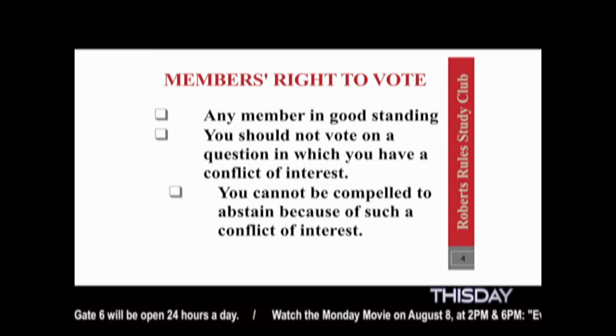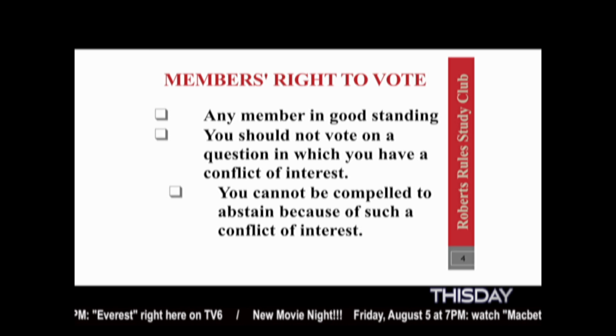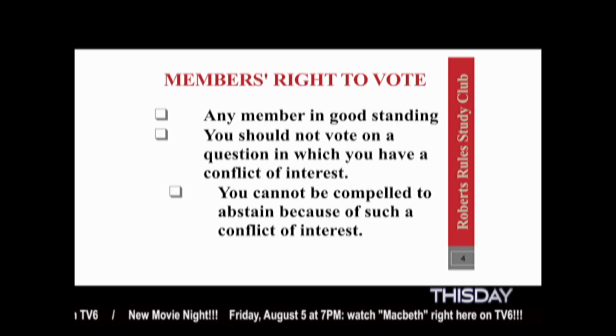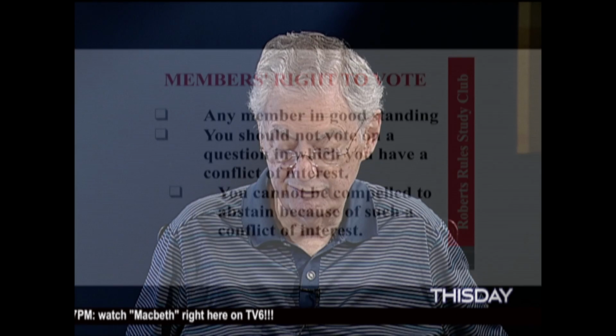Any member whose right to vote has not been suspended as the result of a formal disciplinary process has the right to vote. You should not vote on a question in which you have a direct personal or monetary interest not common to other members. However, you cannot be compelled to abstain because of such a conflict of interest.